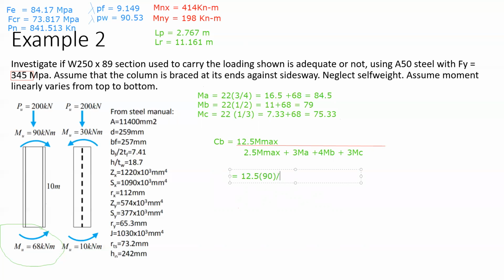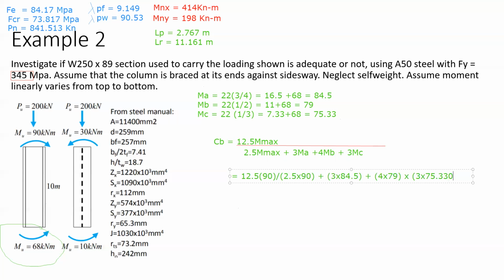And then i-divide natin to by 2.5 M max, that is times 90, plus 3 MA, that is 3 times 84.5, plus 4 MB, so 4 times 79, plus 3 MC, so 3 times 75.33. And from there, we will get the value of CB.